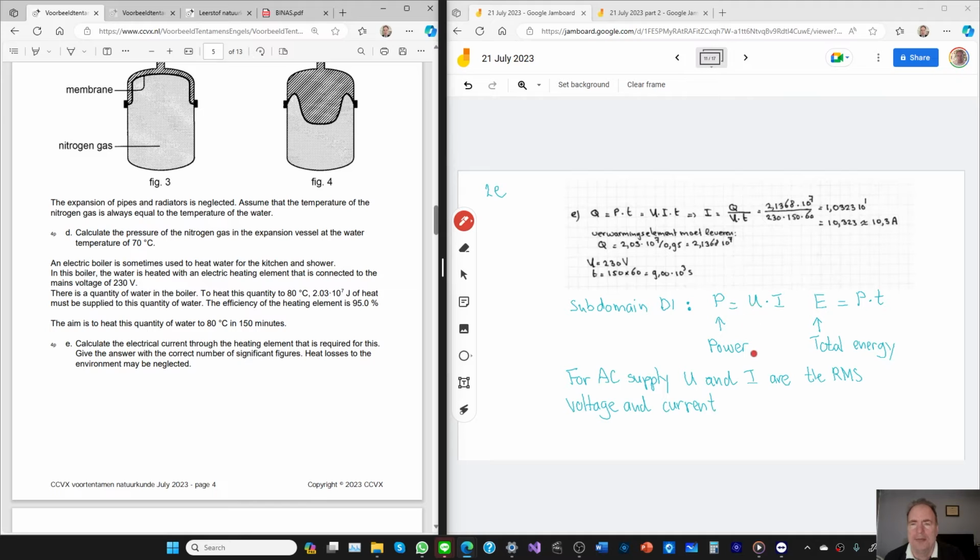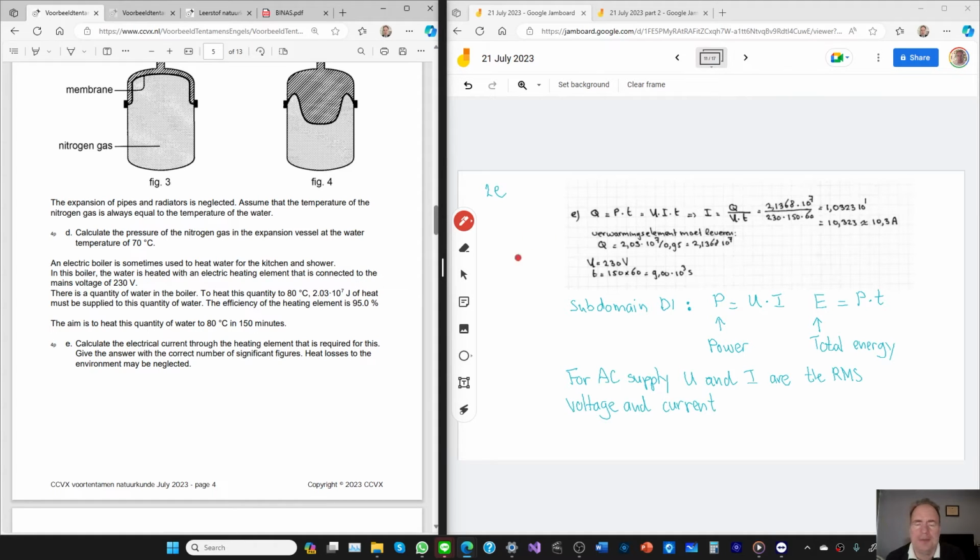So we can then find the power by substituting, and actually they're asking what the current is. Again, we should assume an RMS current, since everything else is given, because they tell us how much heat must be supplied and also the efficiency.